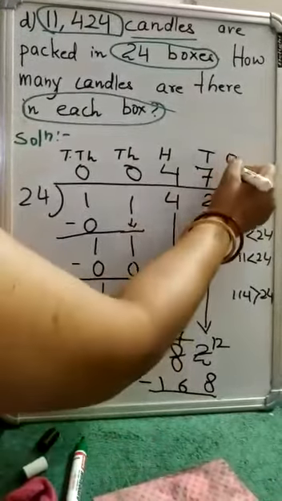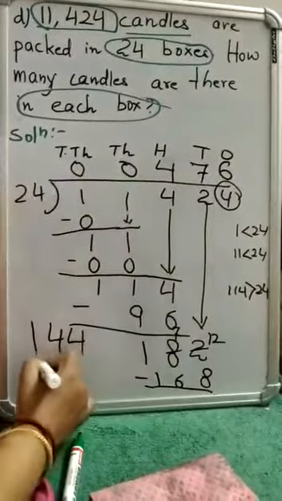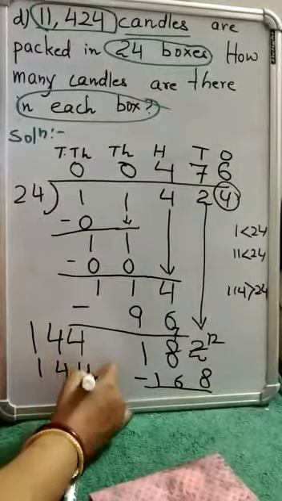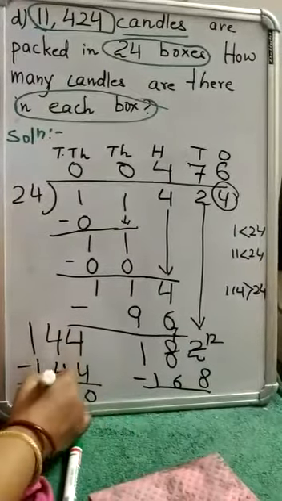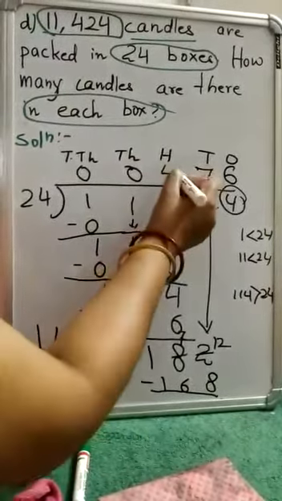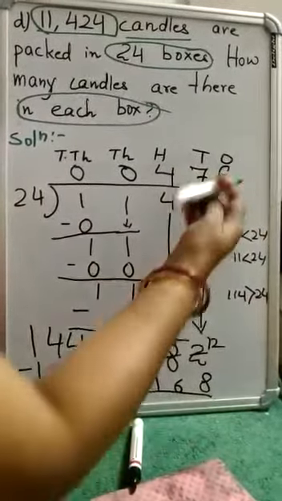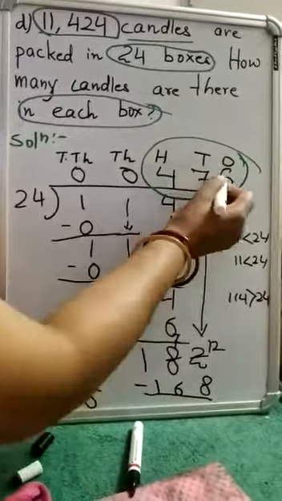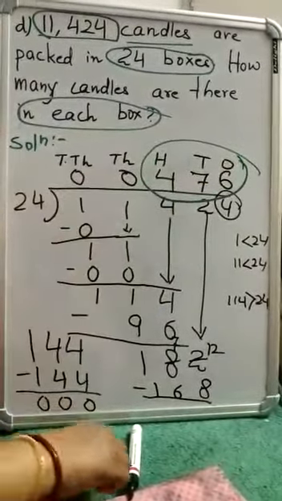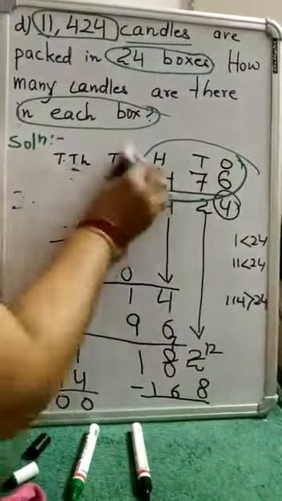Now I will multiply with 6. 6 times 24 is 144. So 4 minus 4 is 0, 4 minus 4 is 0, 1 minus 1 is 0. So here 476. This is the answer. 476 candles are there in each box.